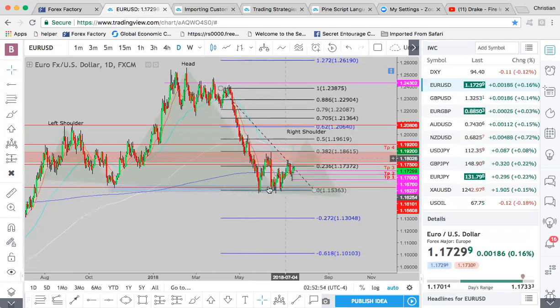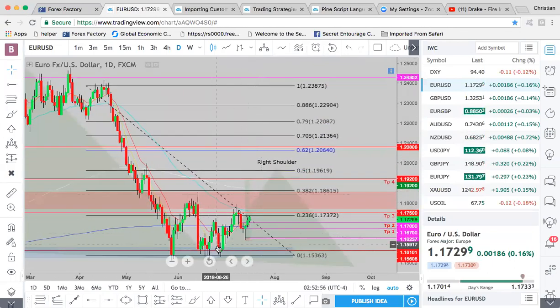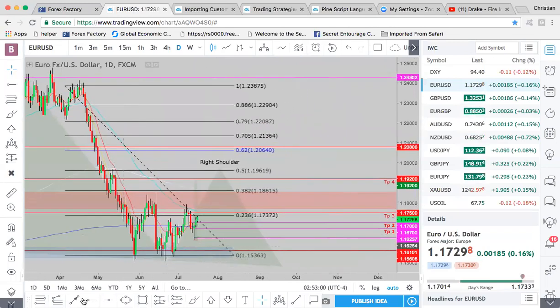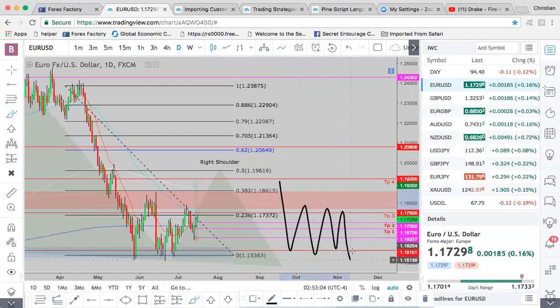So what is this typically? Just in terms of psychology, you're going towards a low, going towards a low, going towards a low, and you're not getting there. So you have to come up, right? Why do you have to come up?